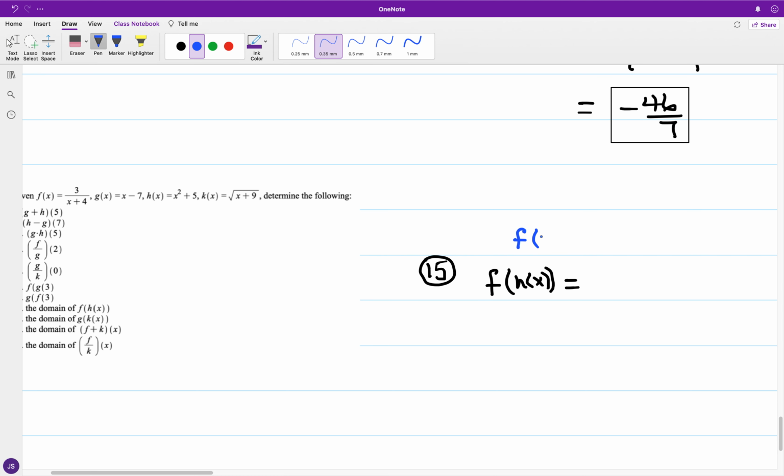So f of x, we have 3 over x plus 4. And here we have f of the input is equal to 3 over the input plus 4. And just crossing over, so you have with h of x.